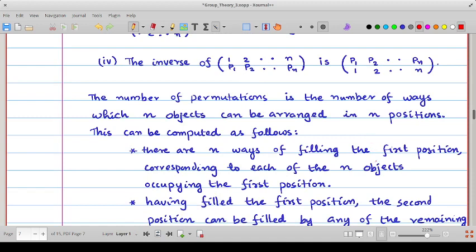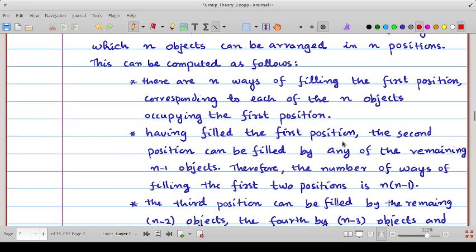Now, the number of permutations is the number of ways in which n objects can be arranged in n positions, and this can be computed in the following way. So consider the first position. There are n objects, and therefore there are n possibilities for placing an object in the first position.